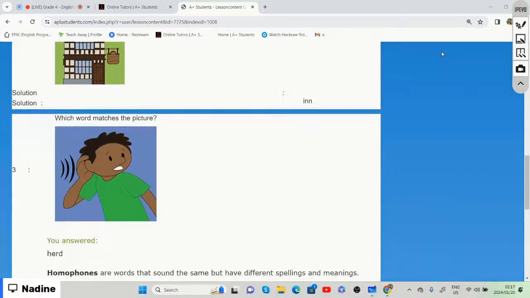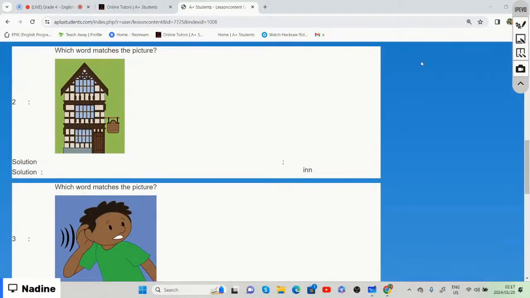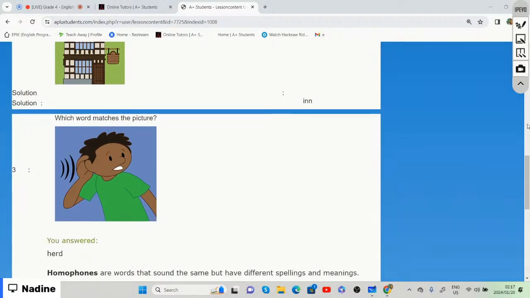So we say that is an inn, and an inn is like a cheaper version of a hotel.